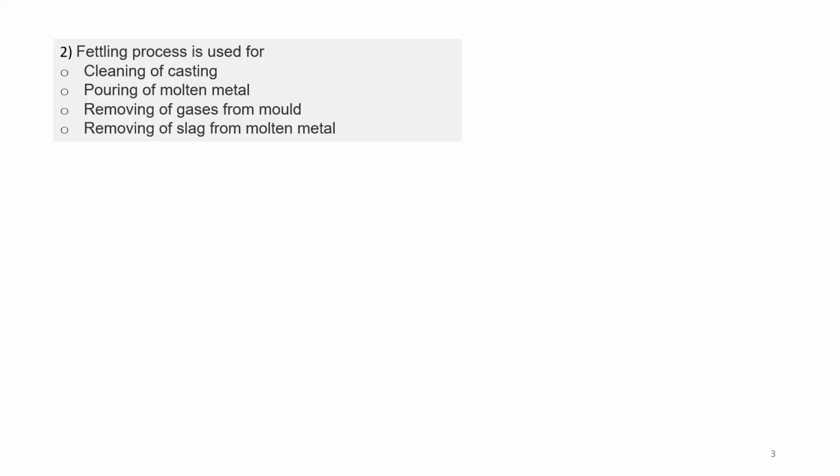Next question was: fettling process is used for? Your options are cleaning of casting, pouring of molten metal, removing of gases from mold, or removing of slag from the molten metal.